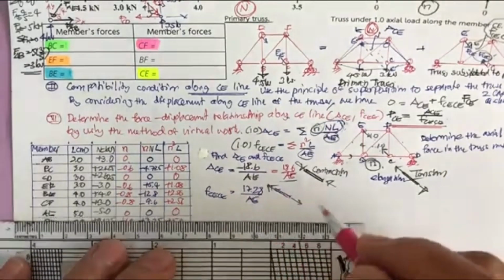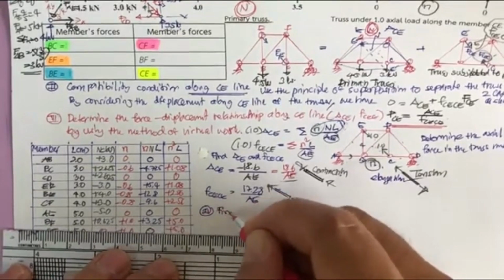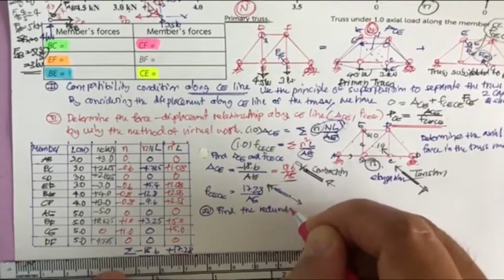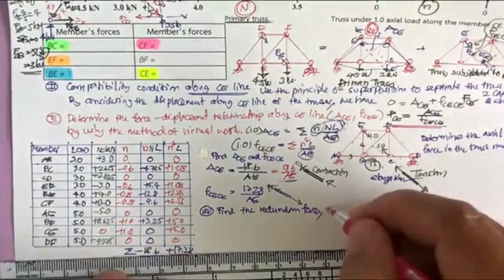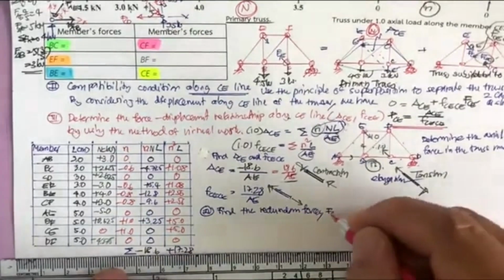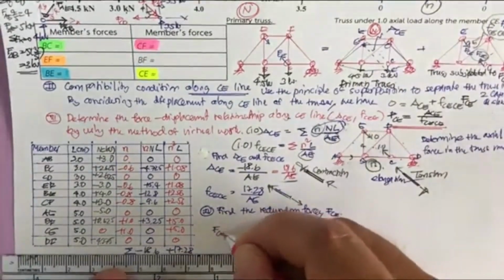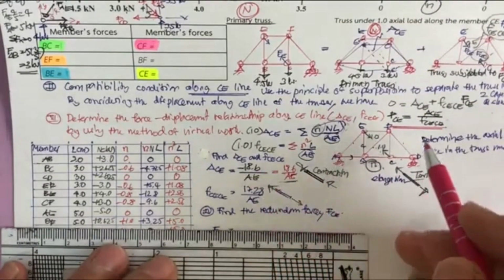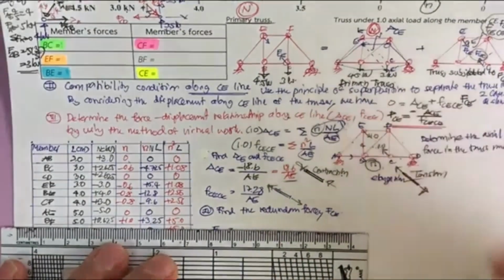Okay, now after this we may go by putting this force displacement relationship, and then you can find the redundant force F sub CE. Okay, and then everybody can do it. F sub CE is going to be, don't forget about this one. Oh sorry, this is wrong. This is supposed to have negative here.